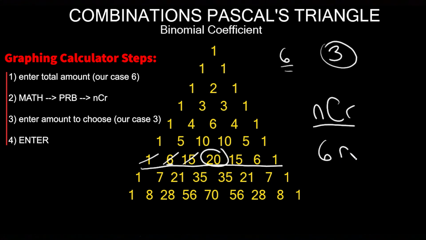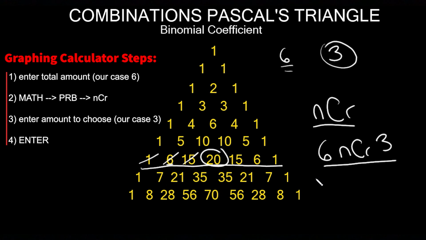When you hit enter, it will give you nCr right after that 6. And then you would type in 3, just like this. When you type this into your calculator, it should give you 20. That's how you can calculate the binomial coefficient in your calculator. It's really straightforward, okay? But again, we're doing this by hand using Pascal's triangle.